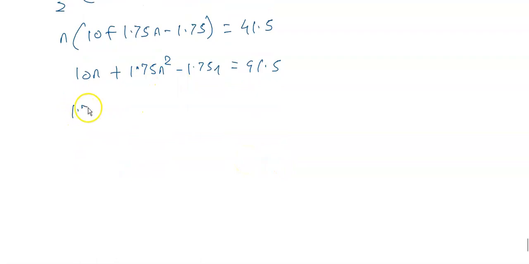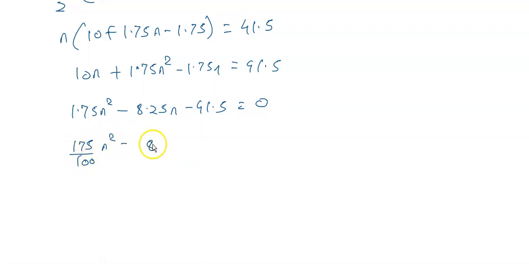So we get 1.75 n square minus 10 में से इसको subtract करेंगे 1.75 को, तो we should get 8.25 n minus 41.5 equal to 0. तो ये डेसिमल में लिखा हुआ है तो इसको फ्रैक्शन में कन्वर्ट कर लेते हैं. 175 by 100 n square minus 825 by 100 n minus 415 by 10 equal to 0.